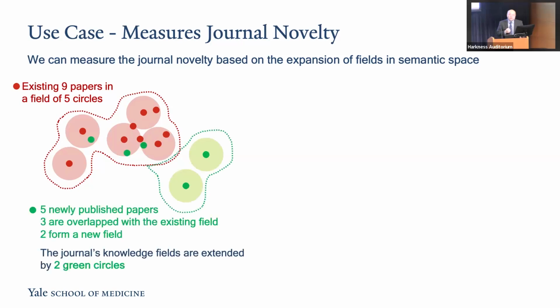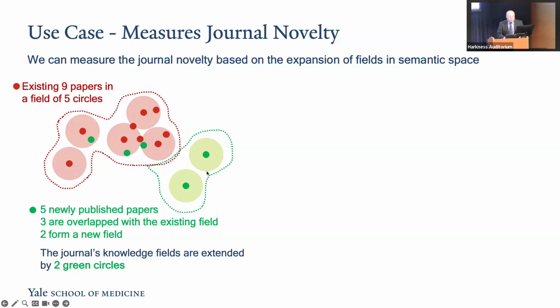Then maybe this year, this small journal published 5 papers, and we can identify that 3 papers overlap with the existing red circles, and 2 are outside of the red area. Then these 2 papers may represent something new, and this journal has expanded its research field.